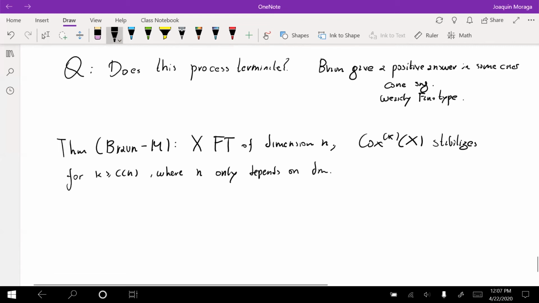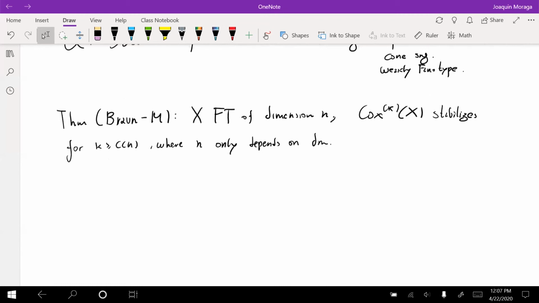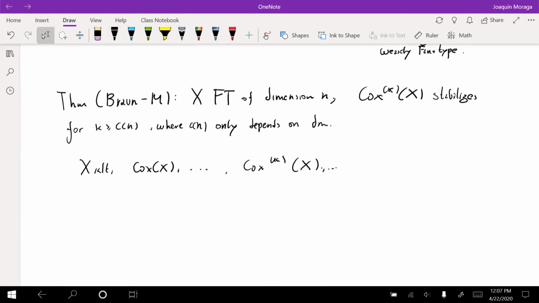So you can also apply the same process for Klt singularities. You can start with a Klt singularity, take the Cox ring of the Klt singularity, and start iterating the construction. So this is C(n) that depends on the dimension, where n is the dimension itself. Yes, Cn only depends on the dimension.